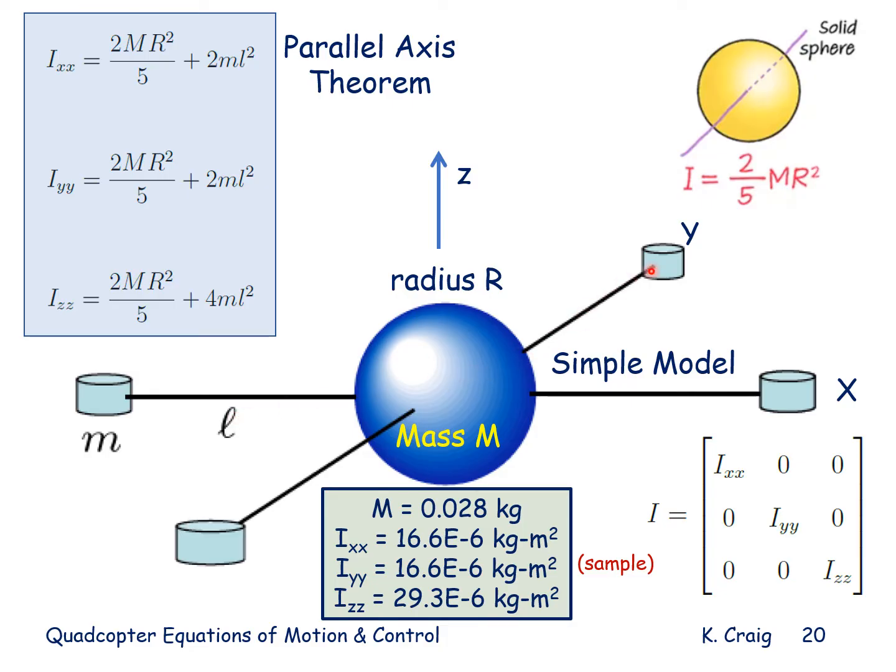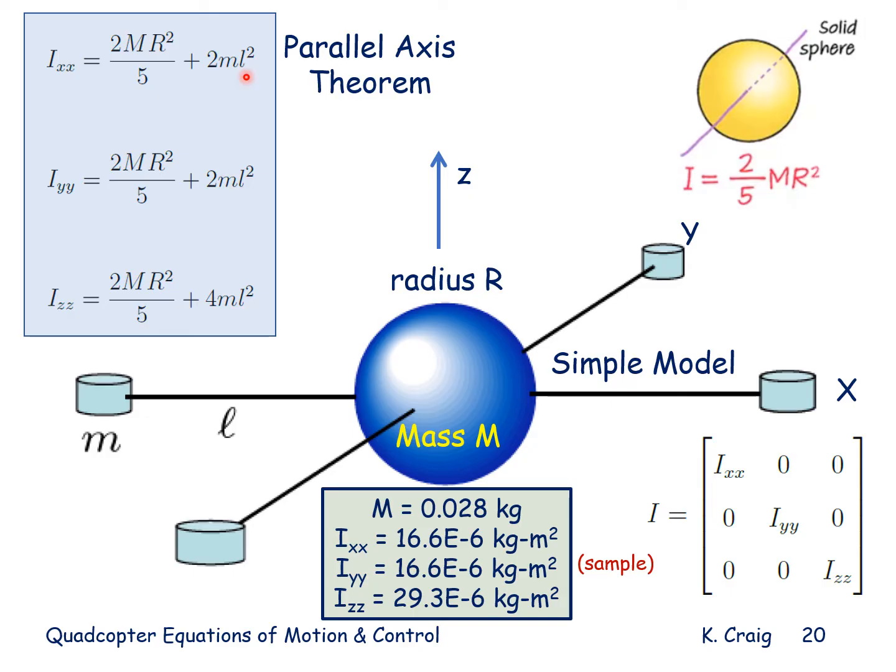And so the mass moment of inertia of this system of a central sphere and symmetrically placed four point masses is given by IXX equals 2/5 M R squared plus 2 times small m L squared.